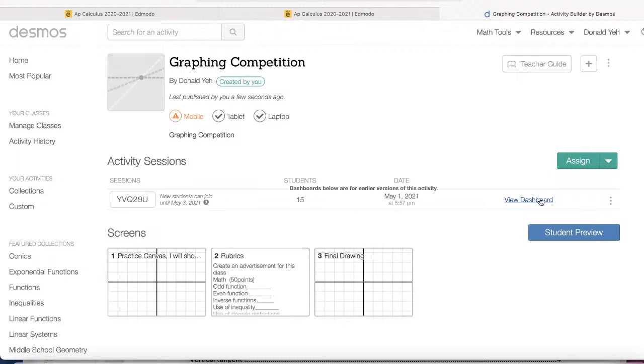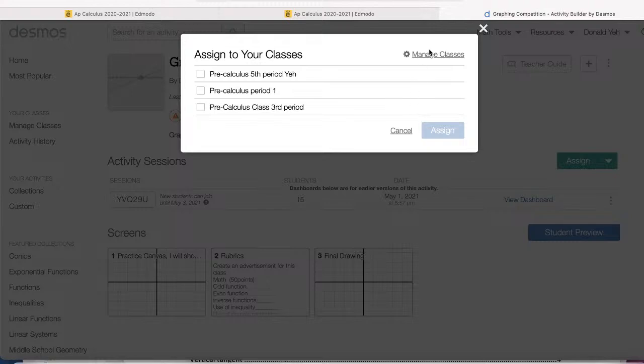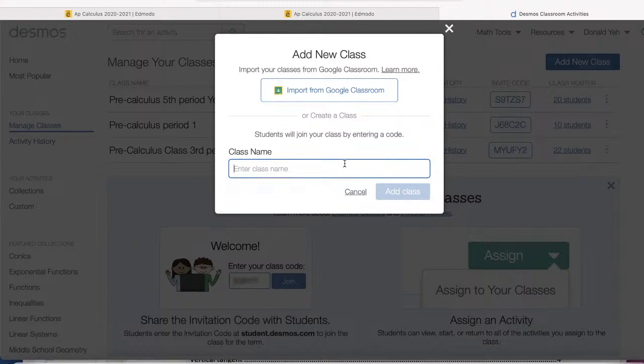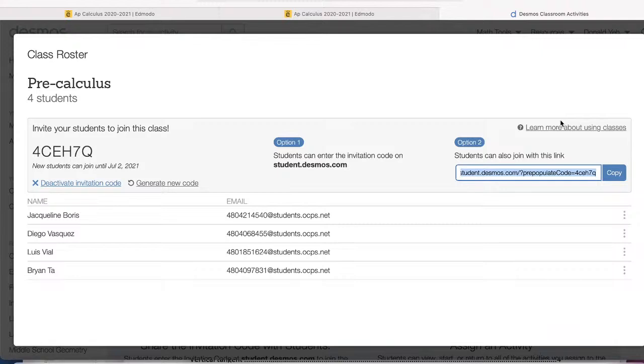Okay, then let me temporarily get rid of this. I'm going to give you a new link. Try this link, see if it works better: 4CEH7Q. Just redo it again and type in the new code. What do you see?